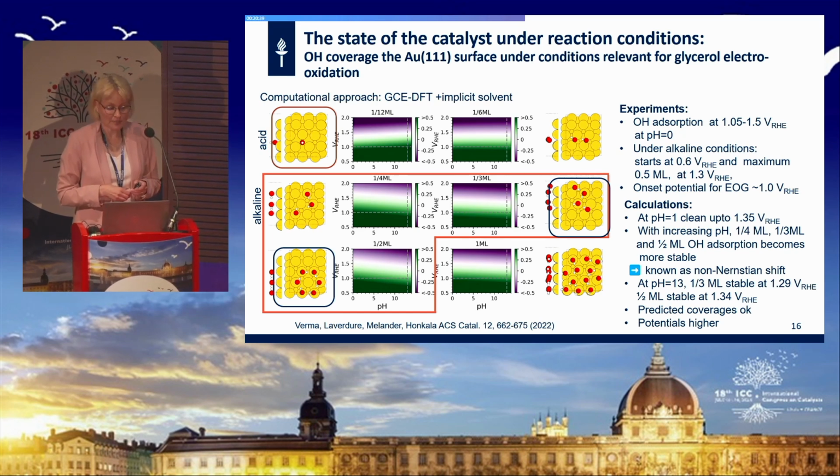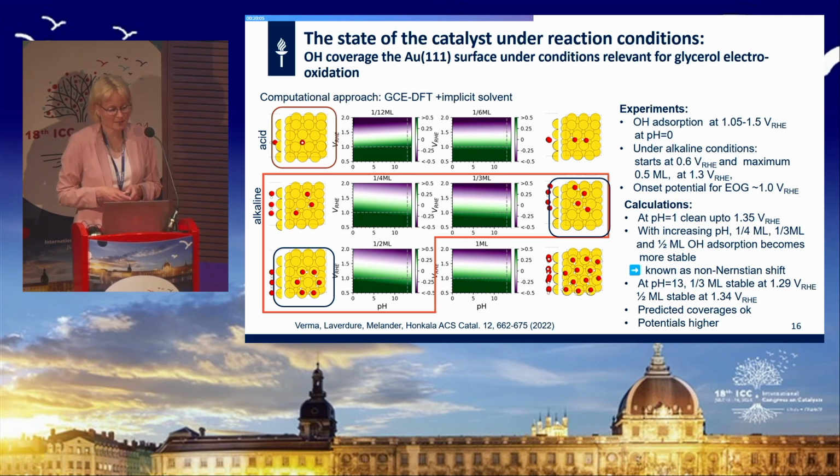So here are our calculations. We carried out separate DFT calculations for each OH coverage and for each possible voltage value. Then we did some interpolation, so we got the continuous plot. And what we see is that at pH 1, the surface is clean up to a voltage of 1.35. But with increasing pH, 1/4, 1/3, and half a monolayer of OH adsorption become more stable.